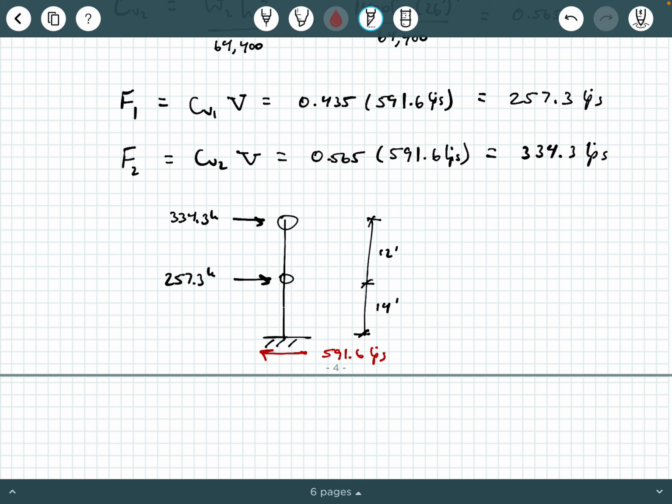If you look at this, this is basically like a cantilever beam just flipped vertically, okay? So if you wanted to, you could draw a shear diagram and a moment diagram for this very simplified system, okay?